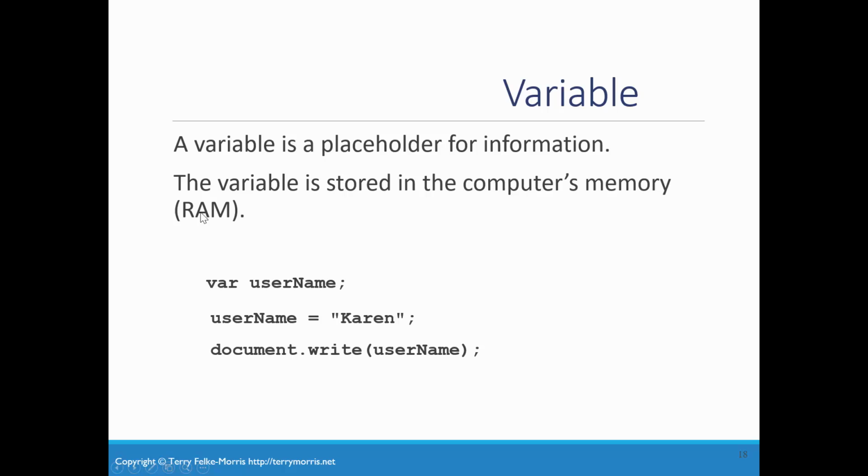Variable. A variable is a location in memory that can hold a value. And the value of the variable can vary. That's why you give it a name. You should get used to, when you do something like this, var username equal Karen, document.write username.